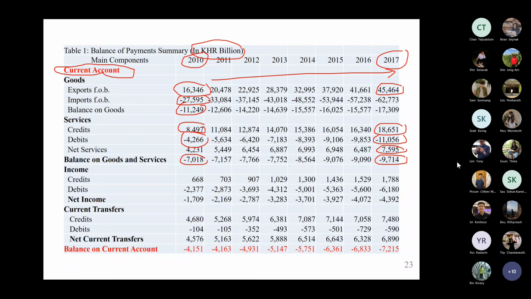Hello, Kiwari. Any question regarding this information in our balance of payment for our country regarding the export of goods and import of services? Not for now.